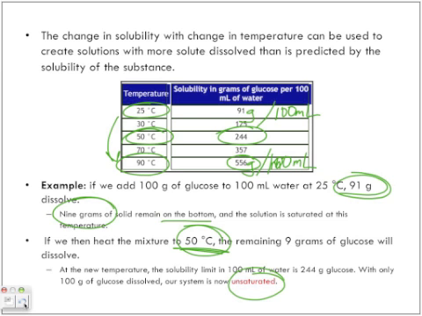We put in 100 grams at 25 degrees Celsius, we only dissolved 91 grams. We increased the temperature to 50, it dissolved the remaining 9 grams, and now I have room to dissolve even more glucose in that solution, right? Because I have room for it, that's what makes it unsaturated. So if I have an unsaturated solution, I have more room to dissolve more solute.